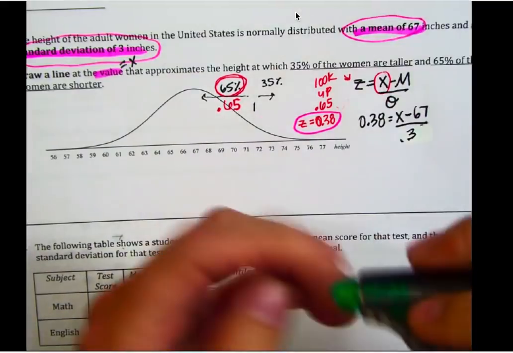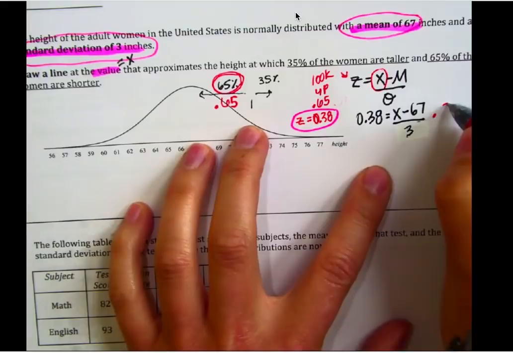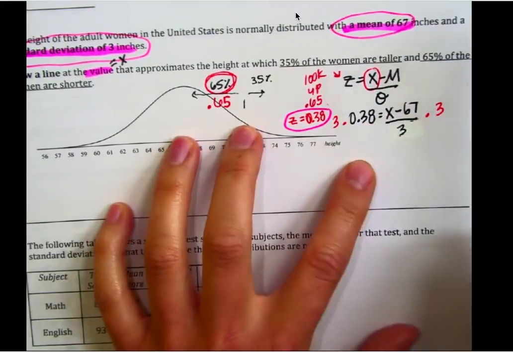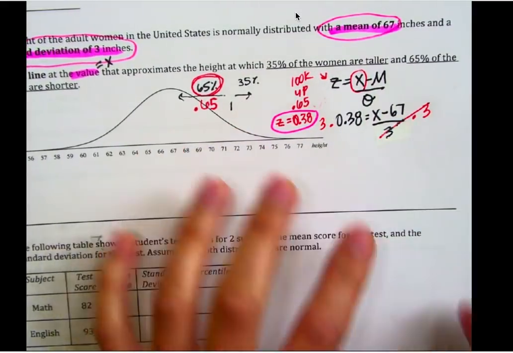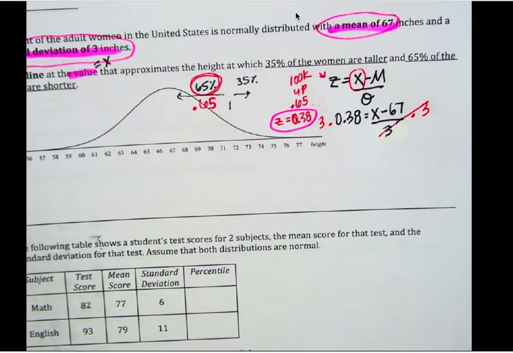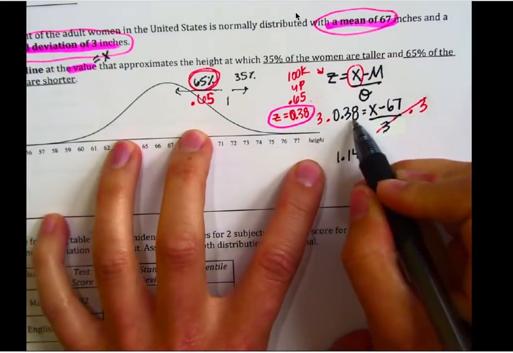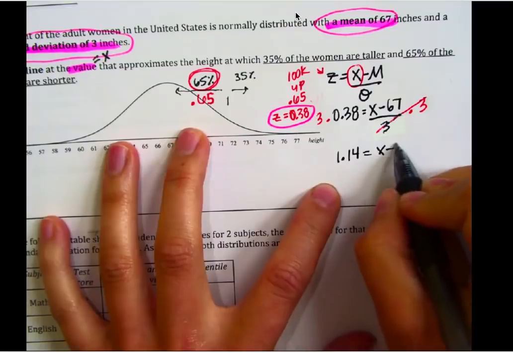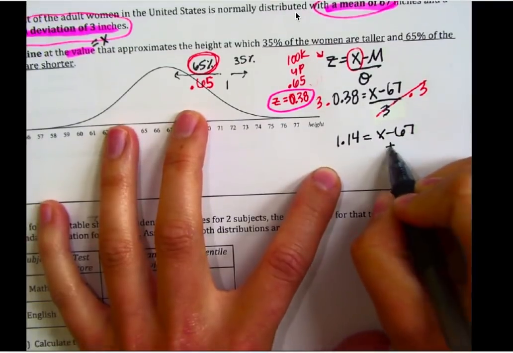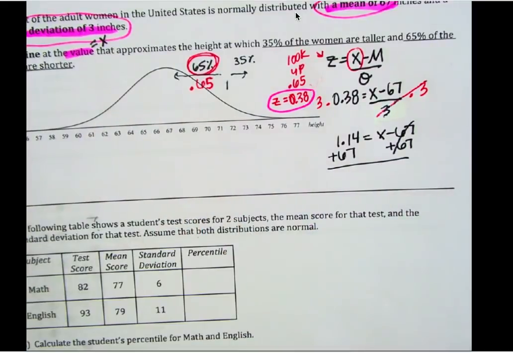So to get rid of the 3 on the bottom of my fraction, I'm going to multiply both sides by 3. So these 3's are going to cancel. I'm left with 3 times 0.38, and I get 1.14 when I multiply those, and that's equal to x minus 67. Then to solve, I'm adding both sides by 67.